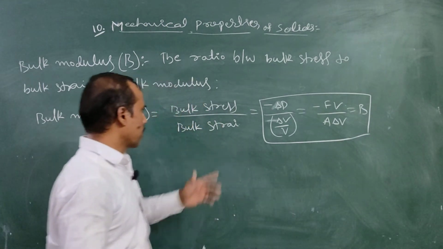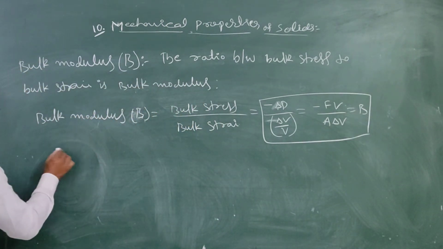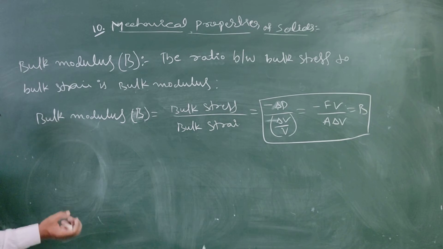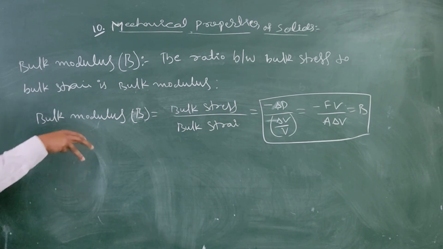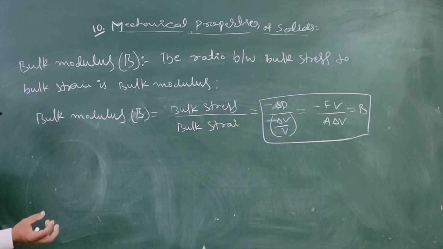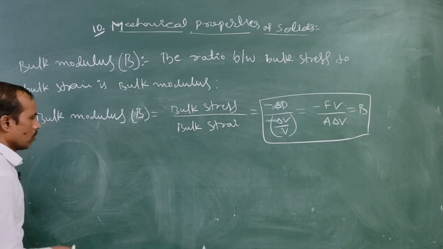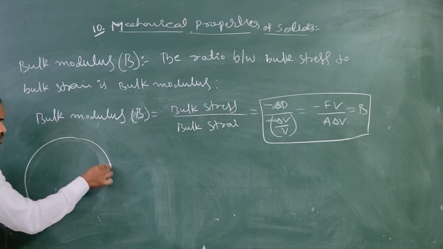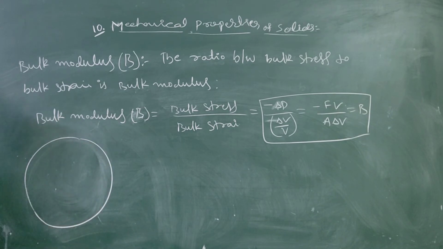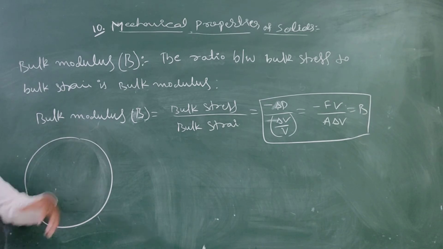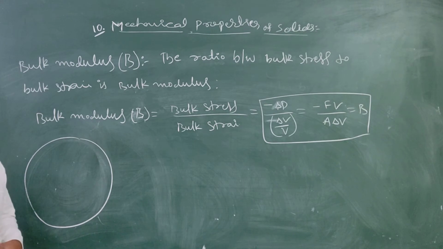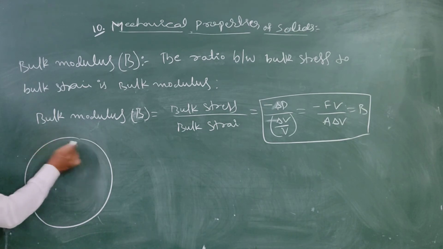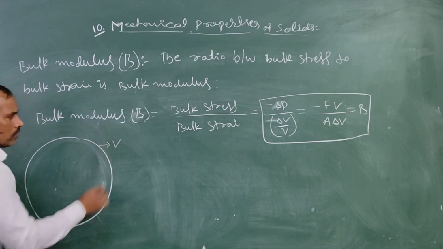Now with a diagram, first of all, the body is placed in a fluid, for example a cube or a sphere, a solid sphere, immersed in the fluid. So this is the initial volume.